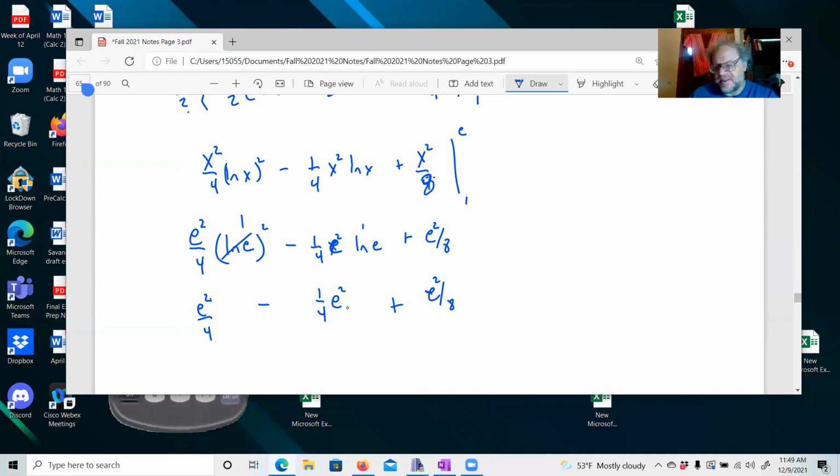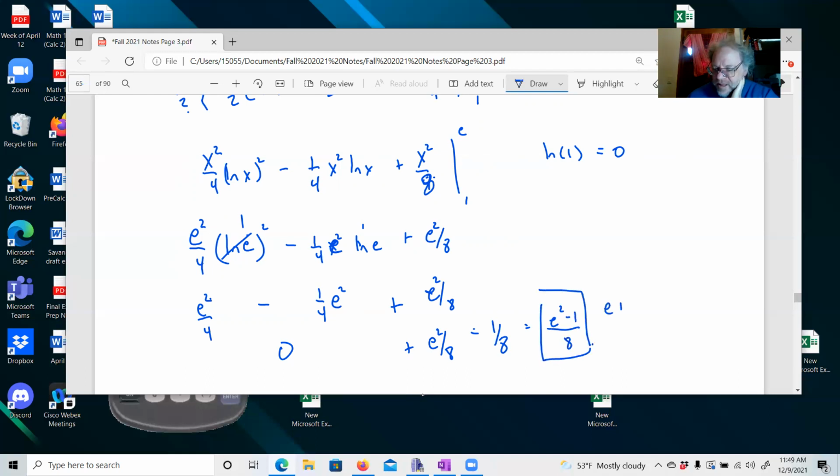Hey, look at that. You have an e squared over 4 minus an e squared over 4. That's 0. So we'll just have e squared over 8. If I plug in 1, here's what happens. Do you know what the natural log of 1 is? That's 0. So this term is 0, this term is 0, and we just have minus 1 over 8. So we end up with e squared minus 1 all over 8.